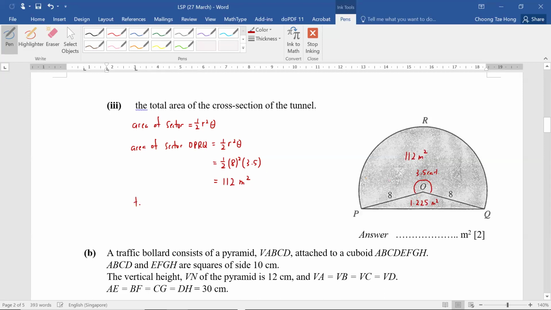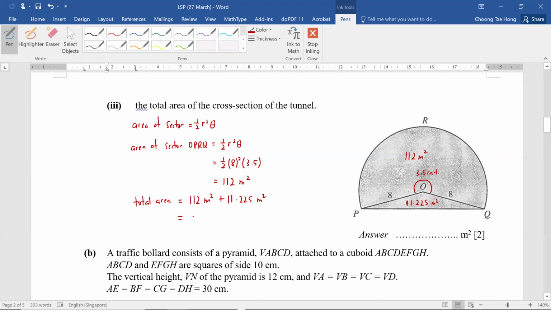So the total area will be equal to 112 meters squared plus 11.225 meters squared.